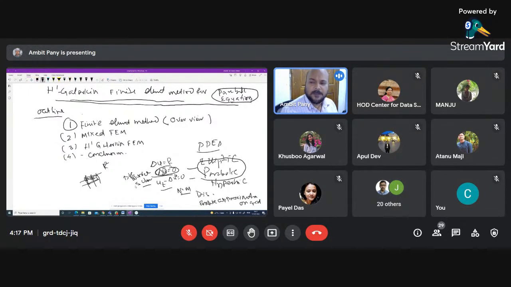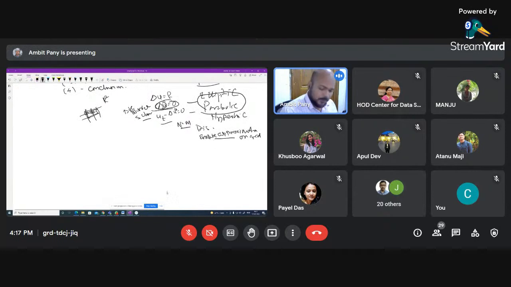Once you evaluate the approximate solution on the grid, the next task is that we go for interpolation. This is the first time I'm using this Wacom, so the letters are a little bad, but try to think about the concept. Once you interpolate the values, you can recover the solution.